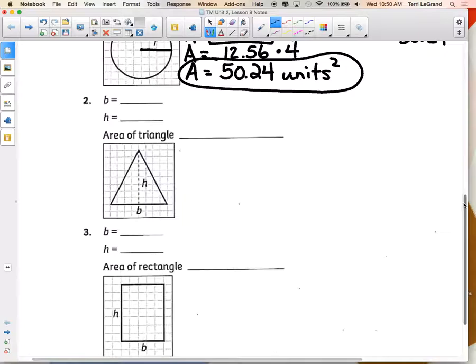Who's got the length of the base for me? Okay, 8. Everybody agree? How about the height of that triangle? 6, everybody agree with him?